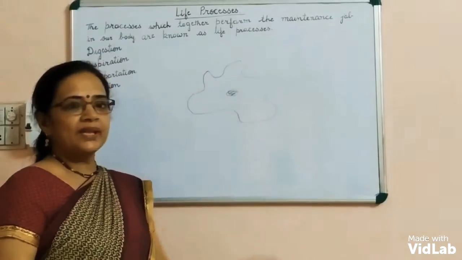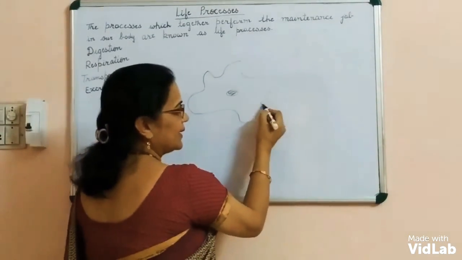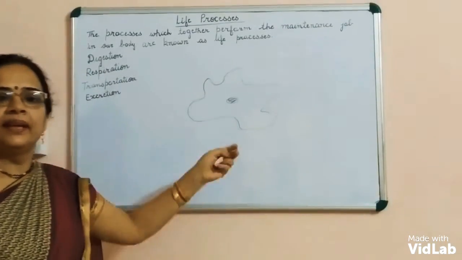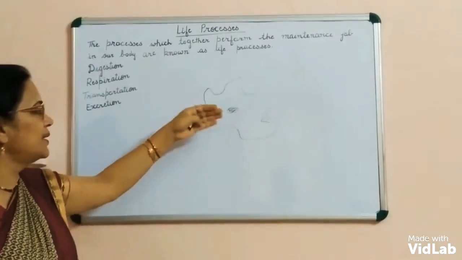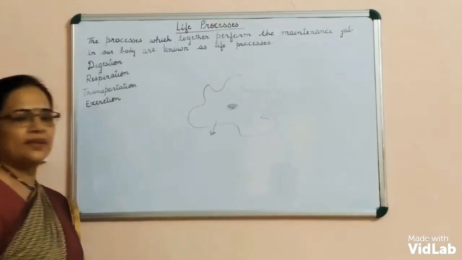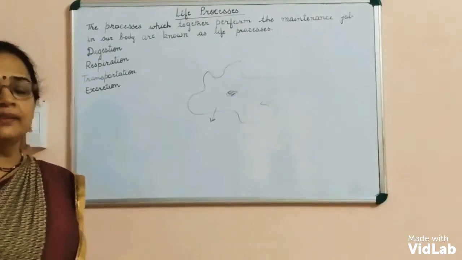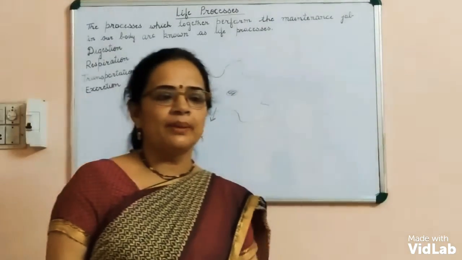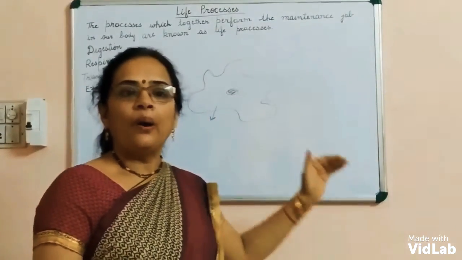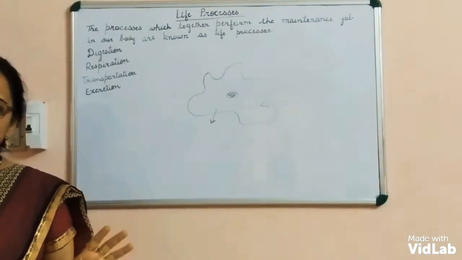By the process of simple diffusion, the materials are taken inside the body, then digestion, absorption, and excretion, all the processes are performed by the single cell only. That is, a single cell is capable of performing all the activities in unicellular organisms.